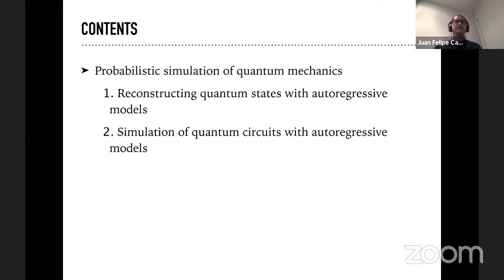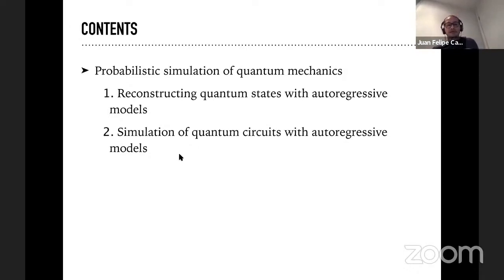So I'm gonna go in a slightly different direction. I'm gonna be talking about a probabilistic simulation of quantum mechanics. This is motivated in part because of the issues with the signs that Giuseppe was discussing at the end of his talk. So I'm gonna give you two examples.